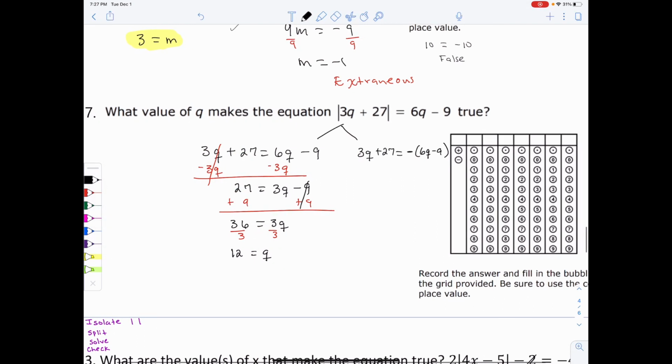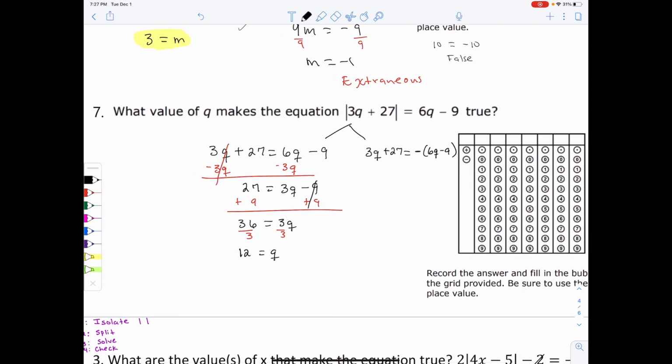So since this is a free response question, we know that there's only one answer, so only one of the values will make it true. I'll graph it on Desmos right now so we can see, but let me just solve this.